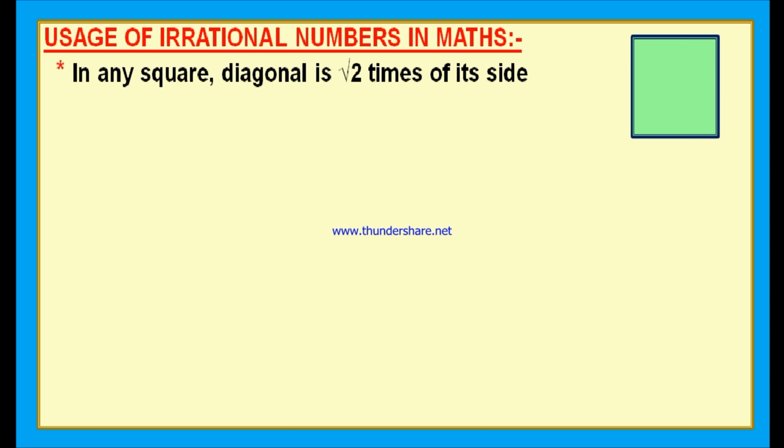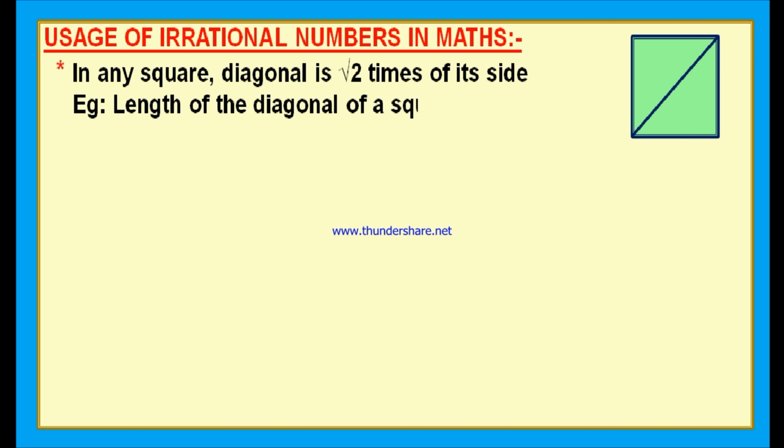You see, this is the diagram of the square. All these 4 sides are equal and each angle is 90 degrees. Understood? This is the diagonal. The diagonal of the square is equal to root 2 times its side.